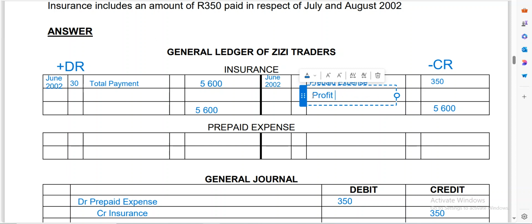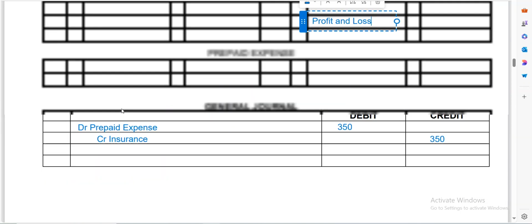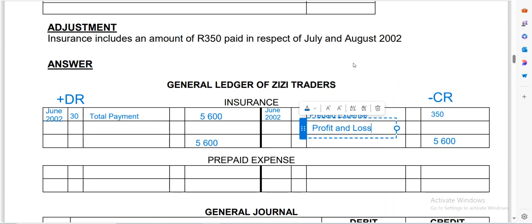Profit and loss. Remember, when we do the closing transfers, the profit and loss becomes debited and insurance becomes credited. Hence, we are crediting it here. Unfortunately, they didn't give us the account for profit and loss, but that's how you normally do it.